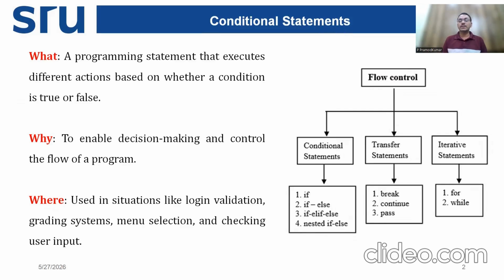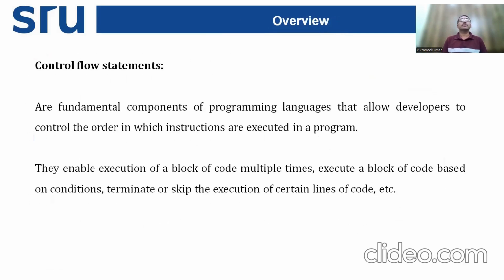Here also certain constraints or conditions are involved. So these are certain examples where the conditions or the constraints are involved. In certain kinds of situations, while writing a program, we use conditional statements. What is control flow and what are control flow statements? These are fundamental components of programming languages that allow developers to control the order in which instructions are executed in a program.